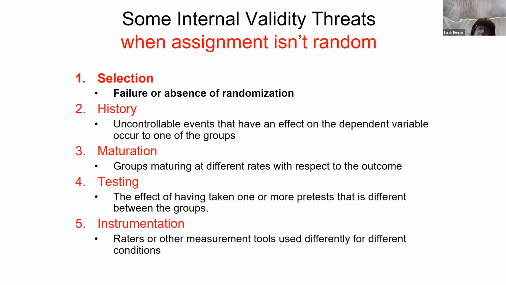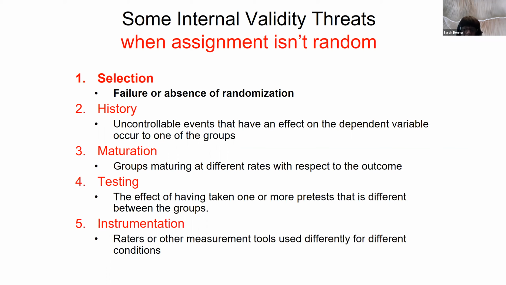So for instance, all the social threats under internal validity in experimental design can also come in here. They tend to be a main focus with experimental design, but they're just as much of an issue here. It's just you have selection as like the dominant issue here.